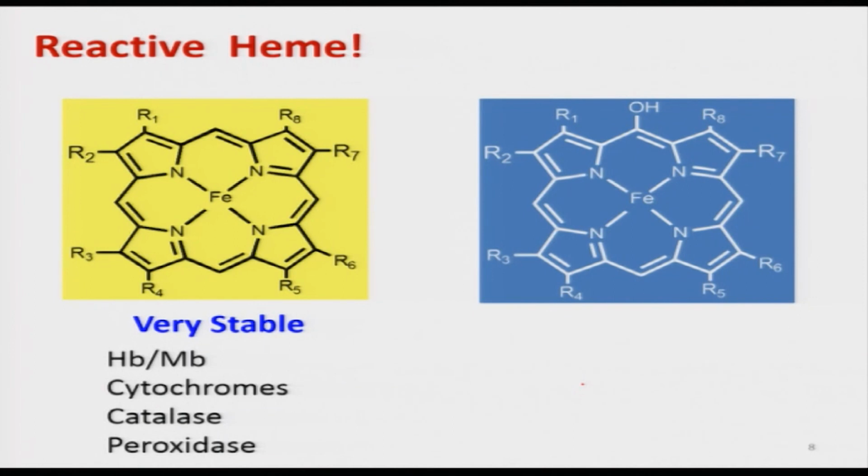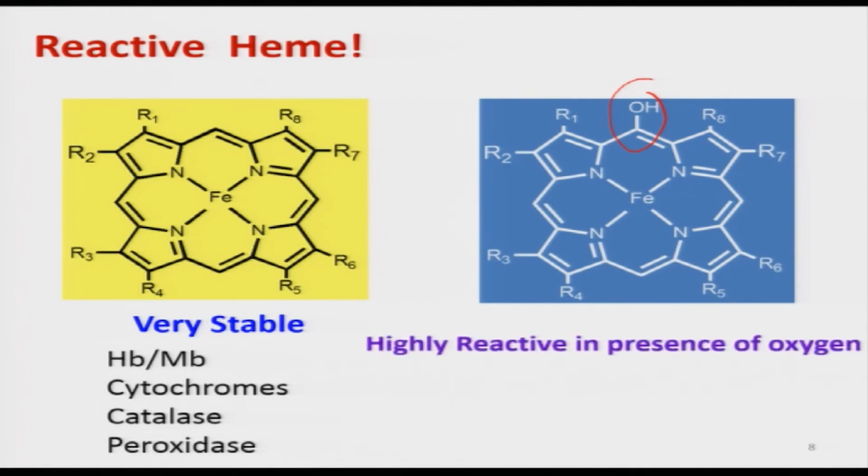However, when it undergoes mesohydroxylation, keeping everything intact, it immediately reacts with dioxygen, and the porphyrin ring undergoes cleavage immediately to form biliverdin. This is done by heme oxygenase.